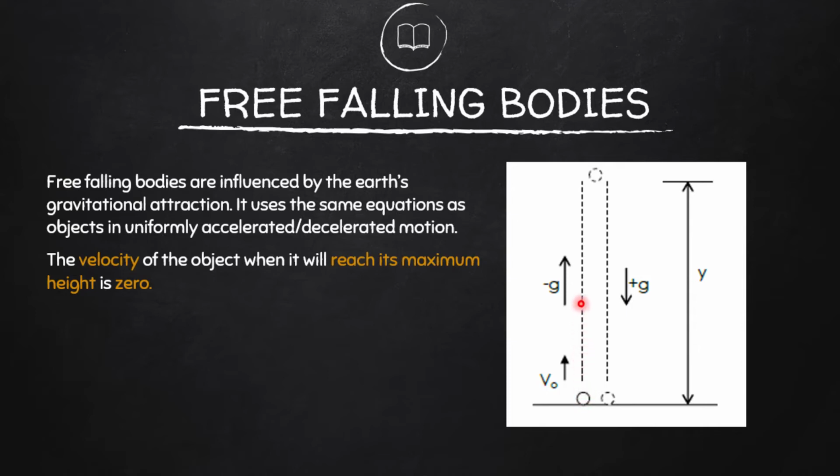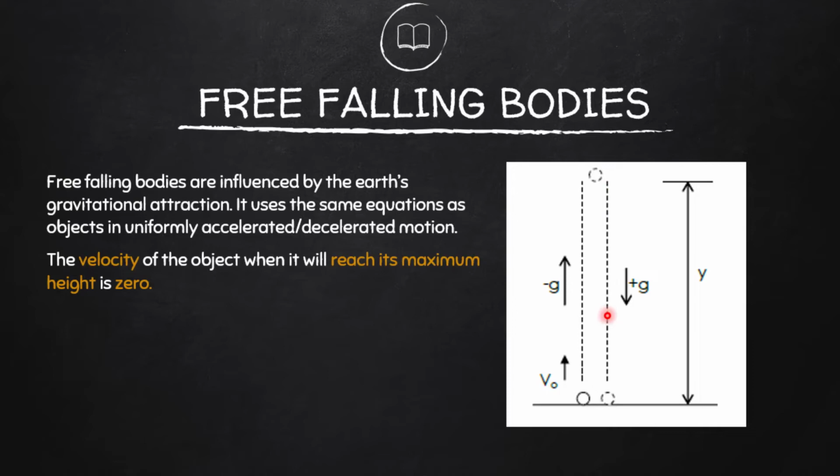So initial velocity when it's going up should always have a value, and when it reaches its maximum height, the velocity at that time is 0. So from a higher velocity to a velocity equal to 0, meaning we are decelerating. When it falls from the maximum height, it will have an initial velocity by that time equal to 0.